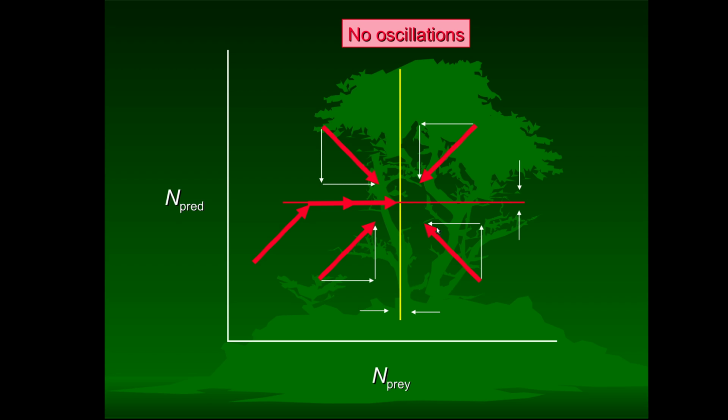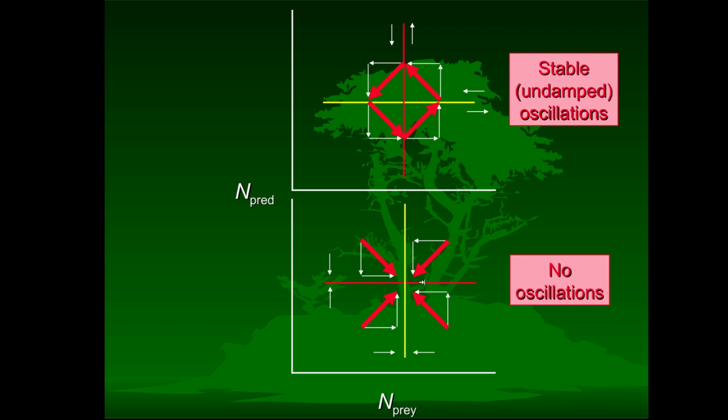Many other isocline geometries have been explored since then, by many population ecologists, including Nicholson-Bailey, the Nicholson-Bailey model for host-parasitoid dynamics with subsequent refinements. So here we have no oscillations, and here we have stable undamped oscillations.